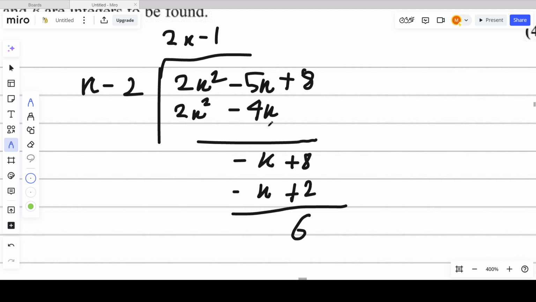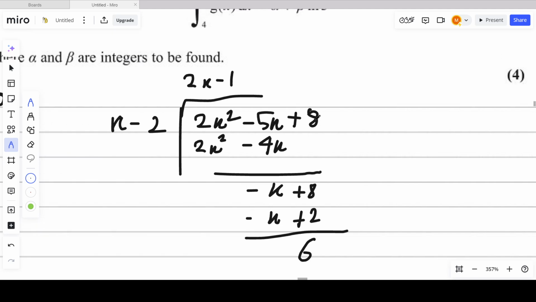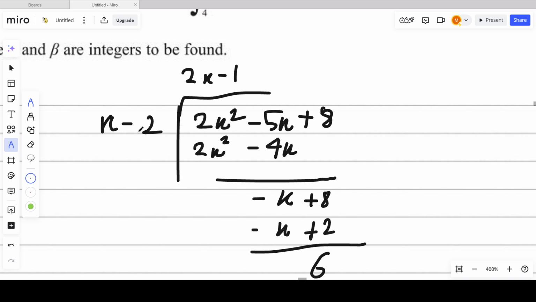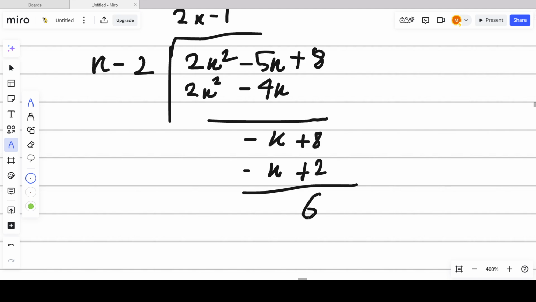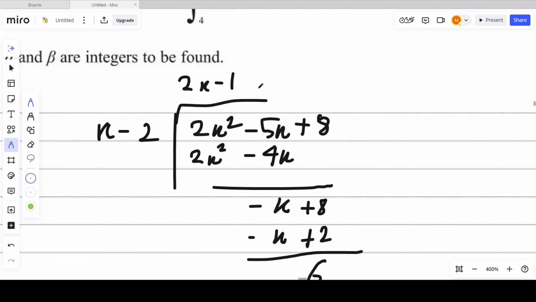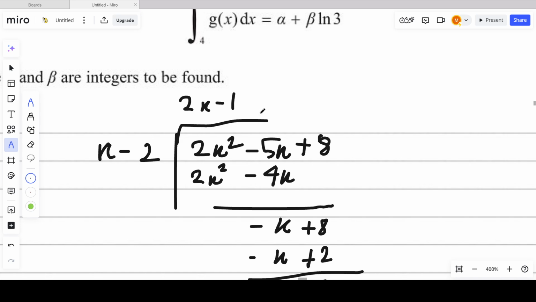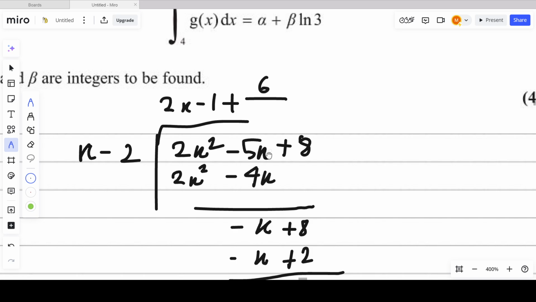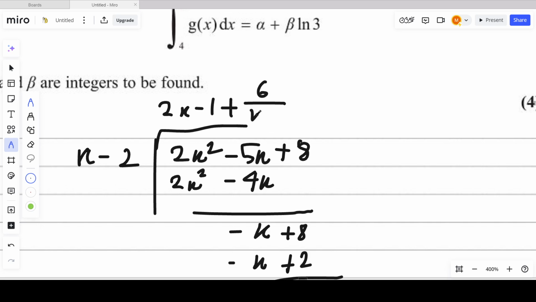Now that's not the end of this method. We got a remainder 6, so what do we need to multiply with x minus 2 to eliminate 6? You need to understand this very clearly. We need to add 6 over x minus 2, where 6 is the remainder.